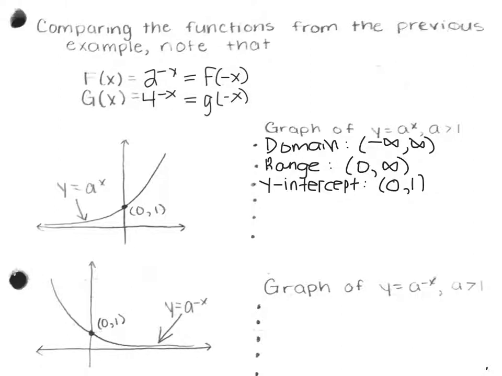So we say that this graph is increasing. It is continuous, so it doesn't have any breaks in the graph. It doesn't have any sharp, V-like points, like in the absolute value function.